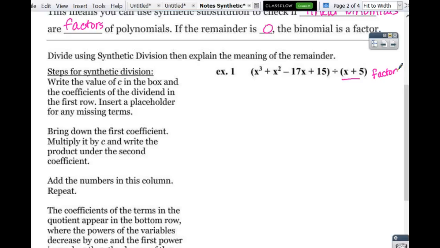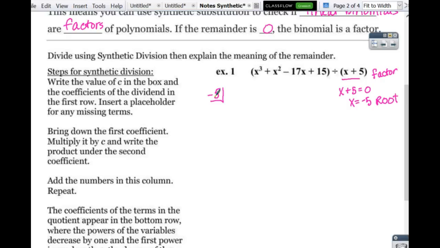If x plus 5 is the factor, what's the root? That's right, x plus 5 equals 0. This is the root, and that's what you want to test. So in synthetic division, I'm testing the root. So I put the -5 right there.